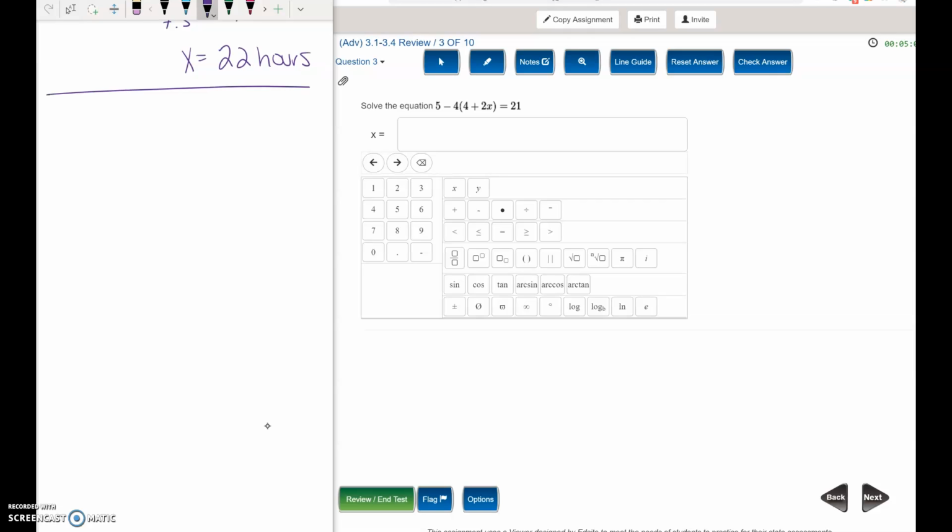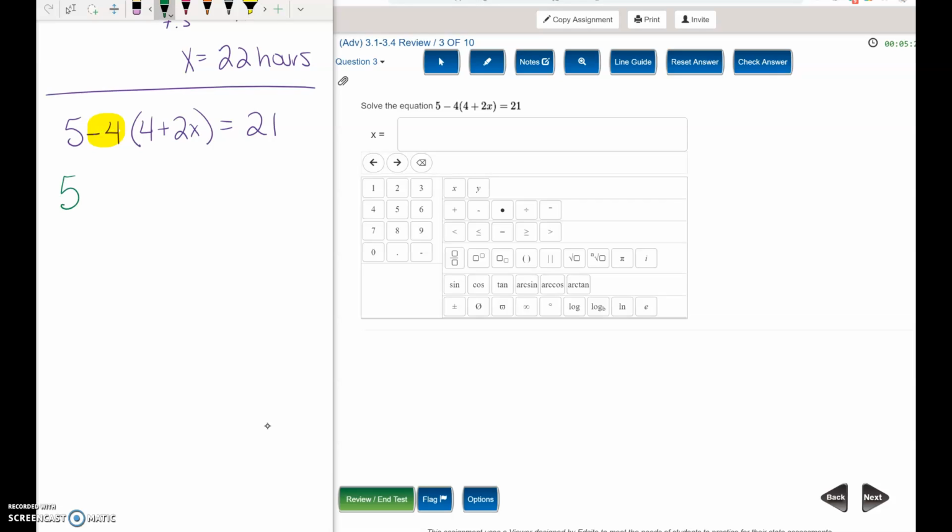Okay, the next one. We've got 5 minus 4 times the quantity 4 plus 2x equals 21. We need to distribute the -4. I'm going to count that negative in with it.